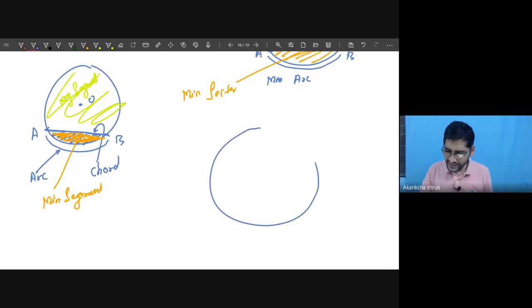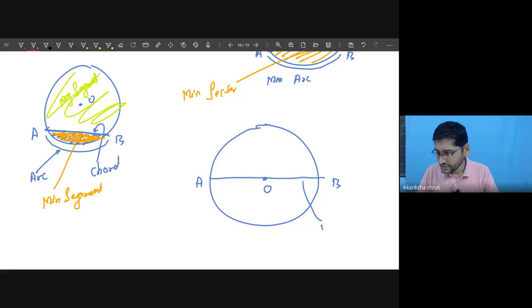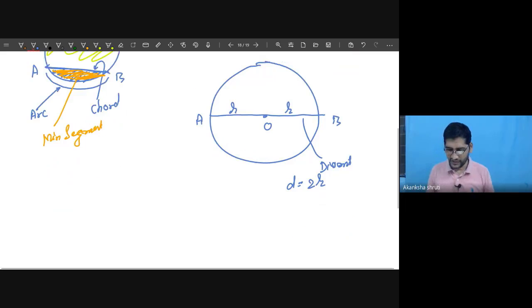The other one relating this to the angle: consider this as center O. If this chord is passing through the center, then this is called as what? Diameter. So here this is R, this is R, so diameter is equal to 2R. It is one thing.